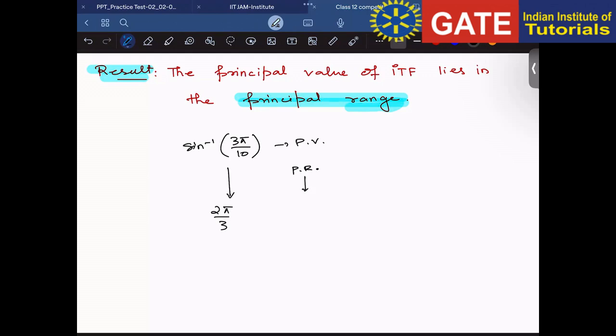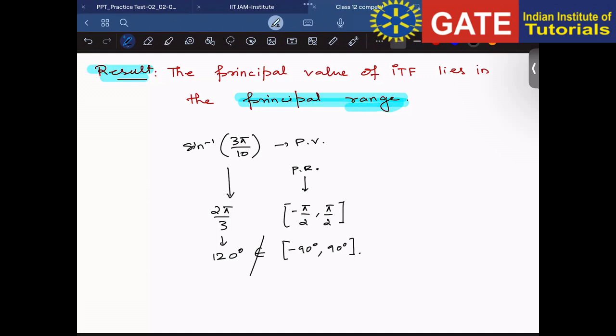Minus pi by 2 to pi by 2, that is minus 90 degrees to 90 degrees. What is my 2 pi by 3 value? 2 into 180 divided by 3, it will be 120 degrees. Does 120 degrees belong to this range? It does not, so definitely my answer is wrong.